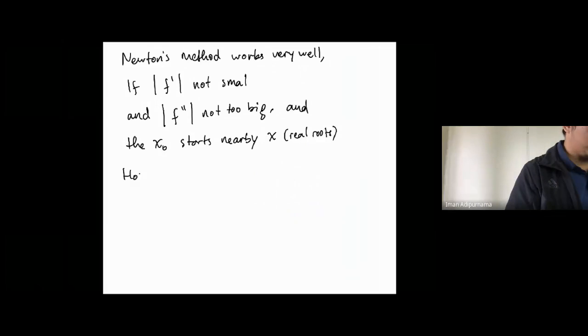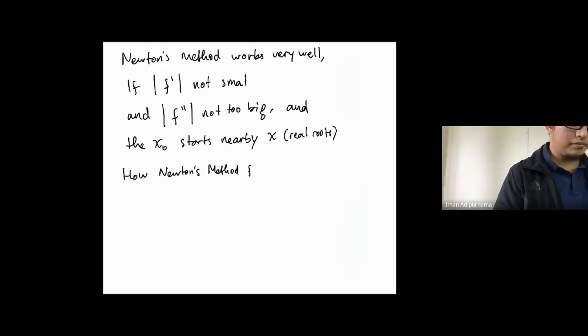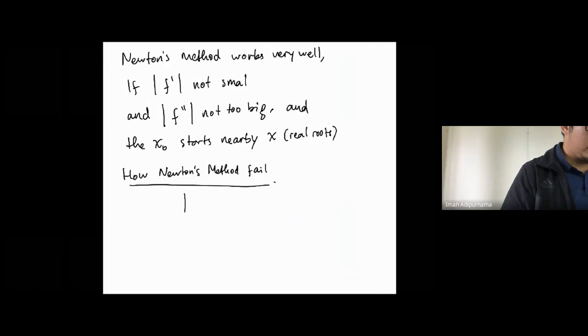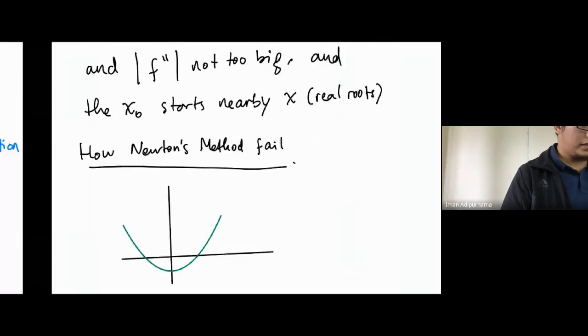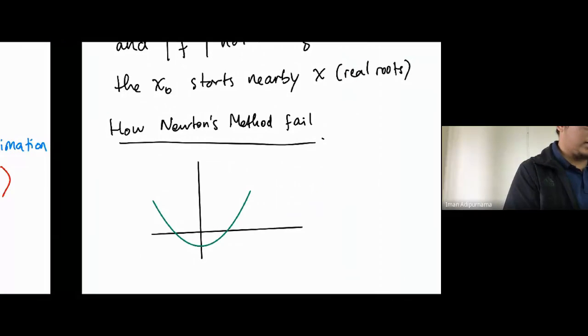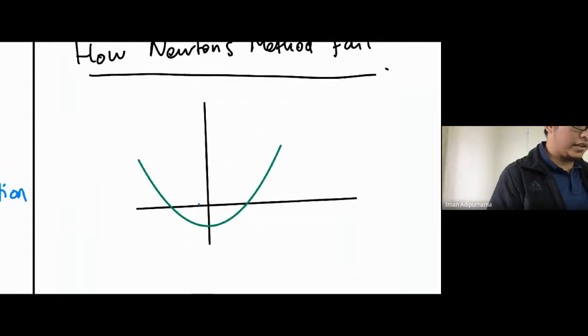Okay, now how does Newton's method fail? Let's say we have that graph, and then it starts to fail if you choose maybe the x0 here.